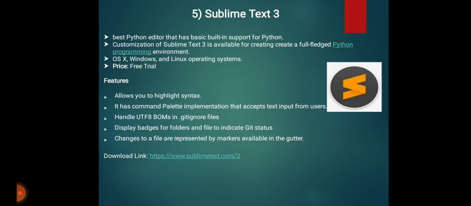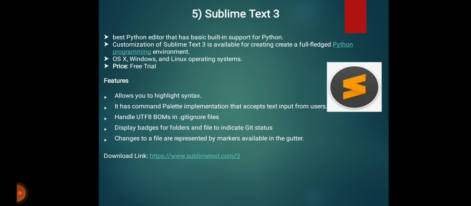Customization of Sublime Text 3 is available for creating a full-fledged Python programming environment. So this is very user friendly. Then this tool supports OS X, Windows and Linux operating systems. Then this is also free of cost, you don't have to pay anything for this.